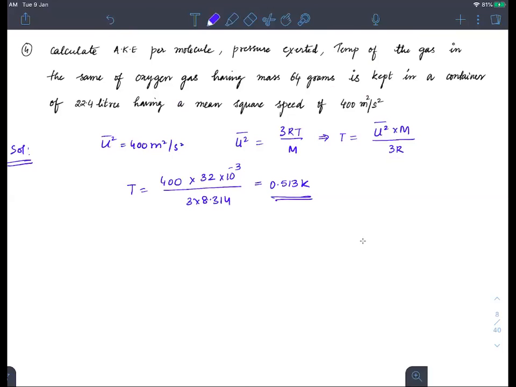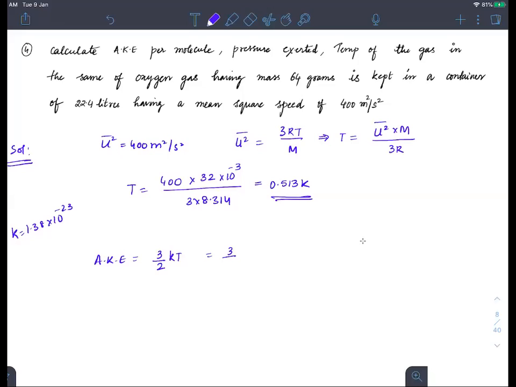Now we wanted to calculate the average kinetic energy per molecule. Average kinetic energy per molecule was found to be 3 by 2 into kT. It does not depend upon number of moles. And the value of k is 1.38 into 10 raised to the power of minus 23.